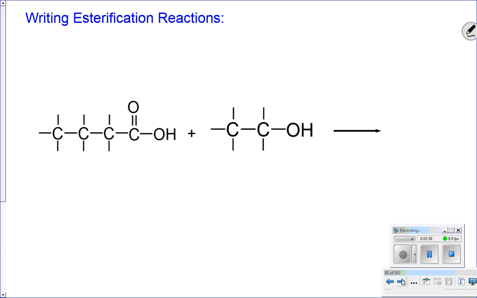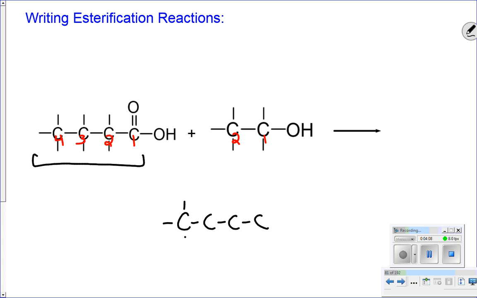Esterifications are a little bit more difficult. They are asked somewhat on part 2, so it is nice to be able to get comfortable with them. In an esterification reaction, we need to identify how many carbons our alcohol has, 1, 2, 3, 4, and how many carbons our acid has. So in our ester product, we're going to start by drawing the 4-carbon chain that came from my acid.